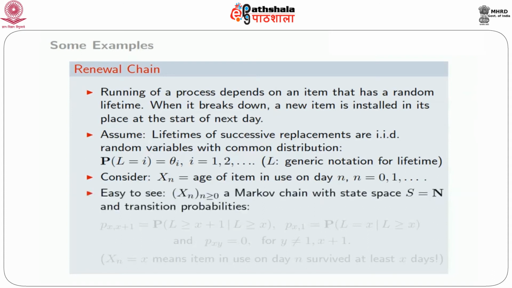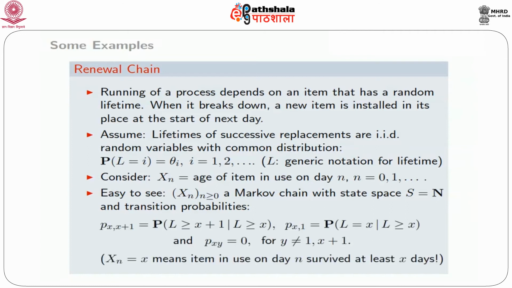It's not so difficult to see that X_n is a Markov chain. State space is clearly natural numbers, 1, 2, 3, etc., because the age can be only 1 day, 2 days, etc. And the transition probabilities are interesting. If the age of the item in use on day n is x, then on the next day, n plus 1, there are two possibilities.